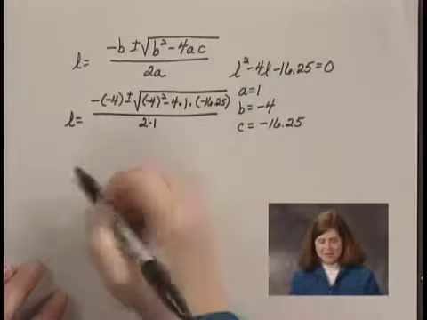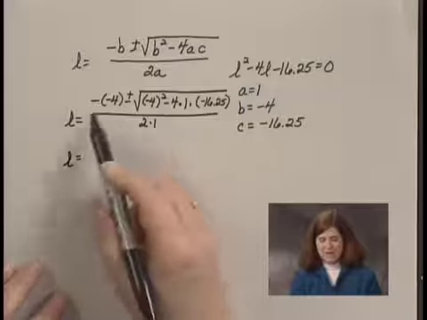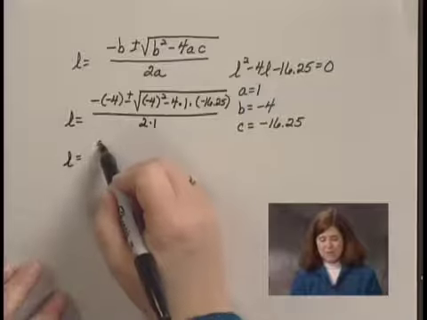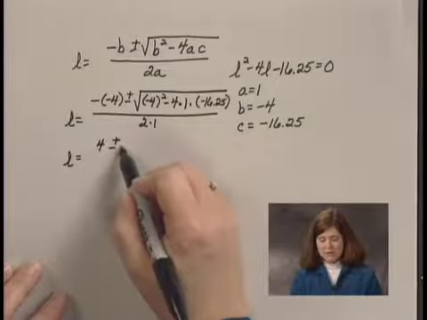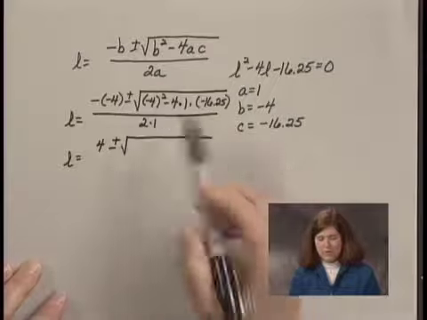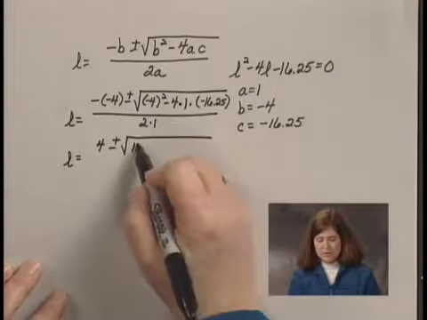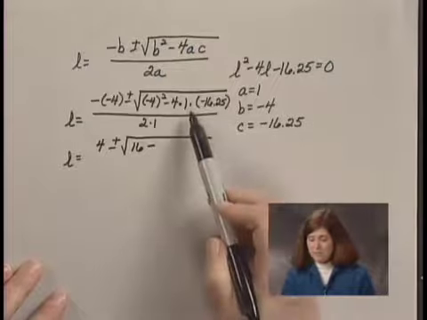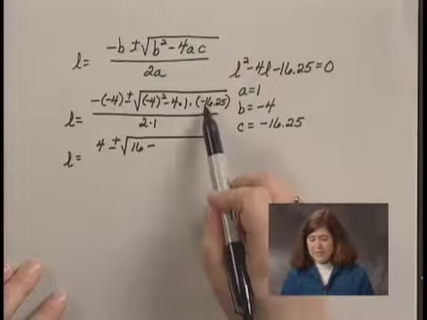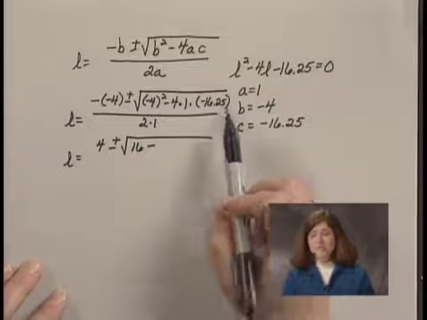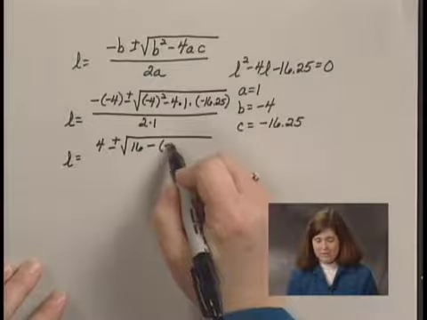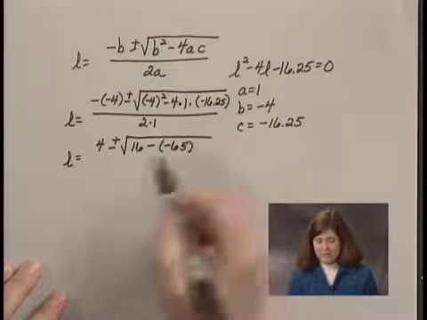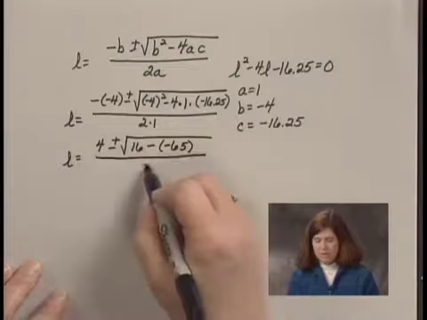Now I need to simplify. So I have L equals the opposite of negative 4 is 4, plus or minus the square root of negative 4 squared is 16, minus 4 times 1 is 4. 4 times negative 16.25 is negative 65. And all that's over 2 times 1, which is 2.